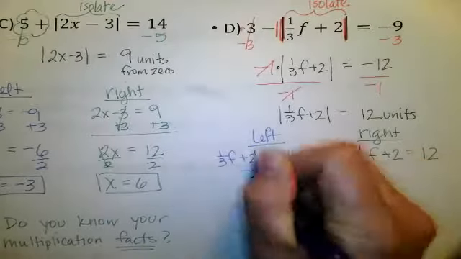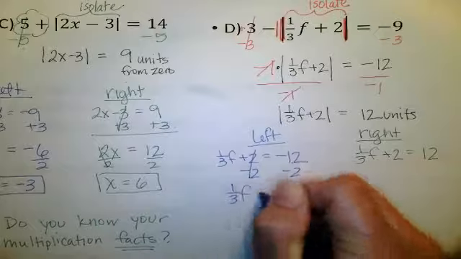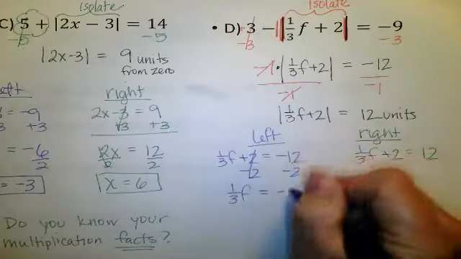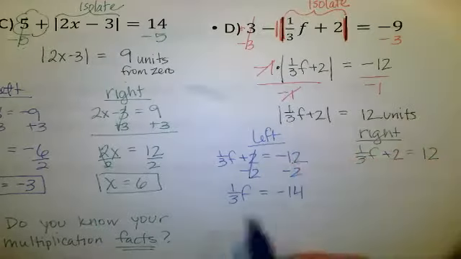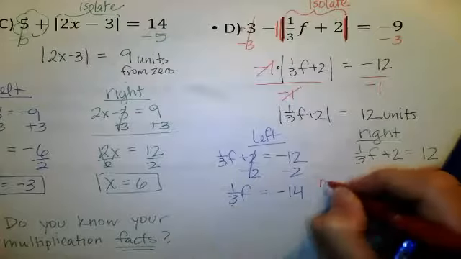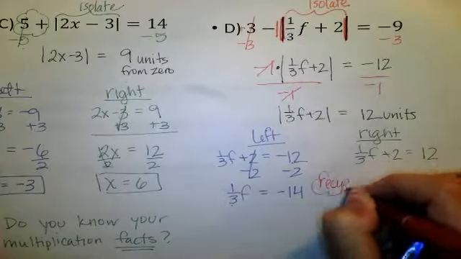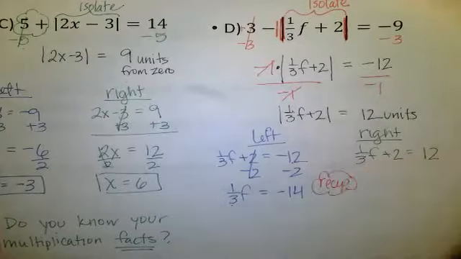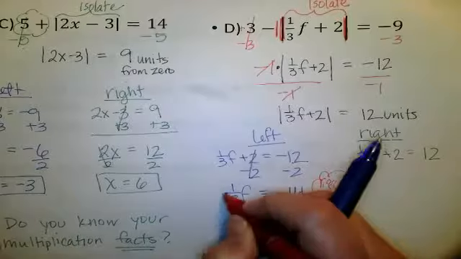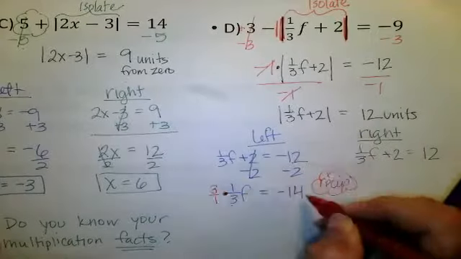We're going to subtract 2. 1/3 f equals a whole lot of negatives here. There's 14 negatives. Now, how do we get rid of the fraction? Multiply by the reciprocal. Anytime you have a fraction, reciprocal, when it's a product. So the multiplicative inverse is we're going to multiply by 3/1.